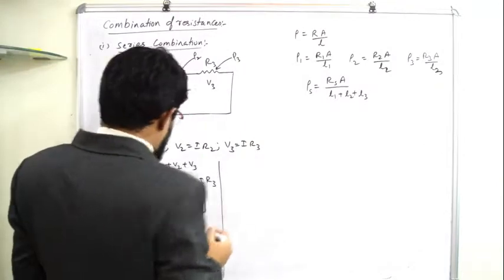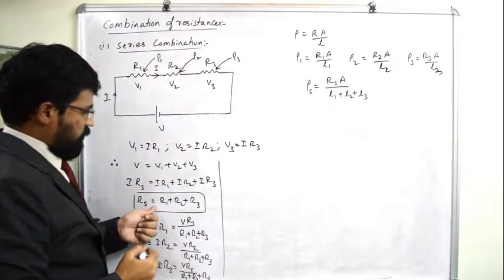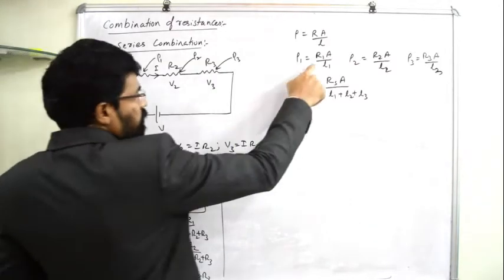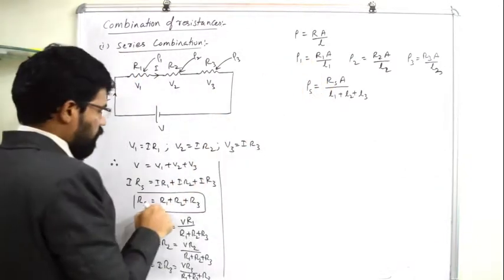Now, I will make use of this equation: Rs is equal to R1 plus R2 plus R3. This has already been derived. From this equation I will write what R1 is and substitute here.